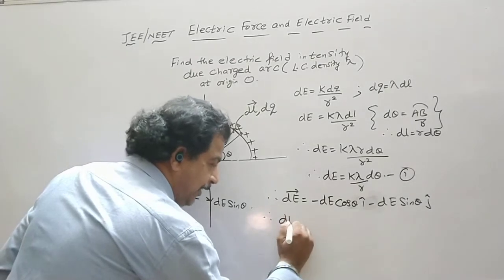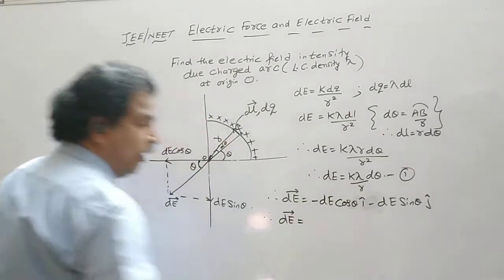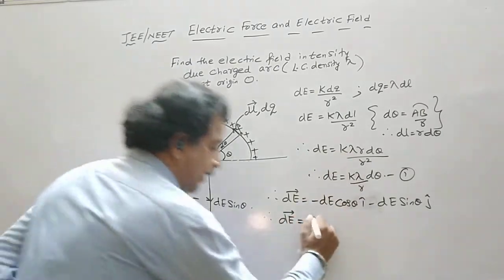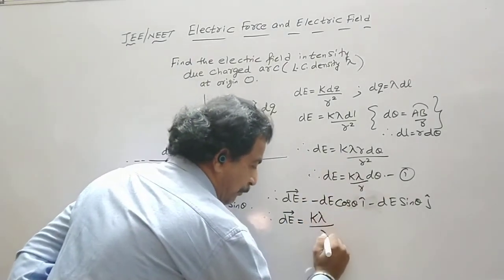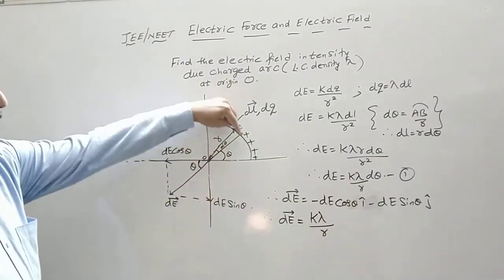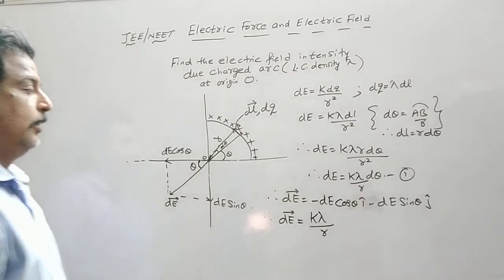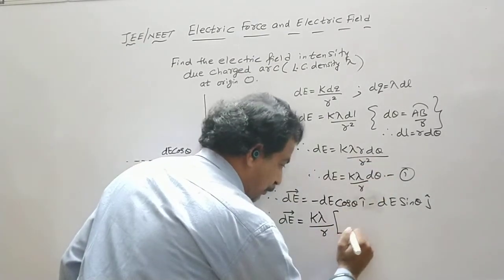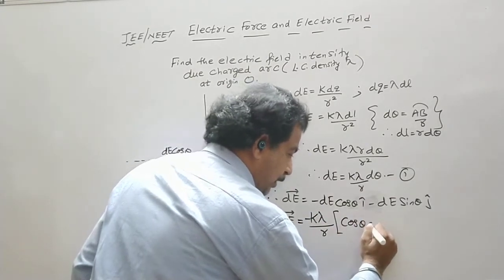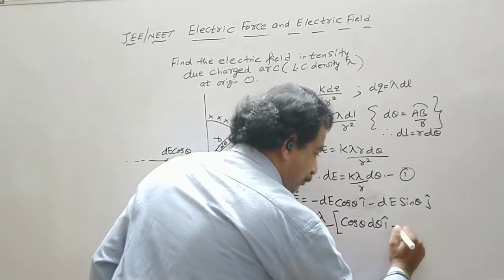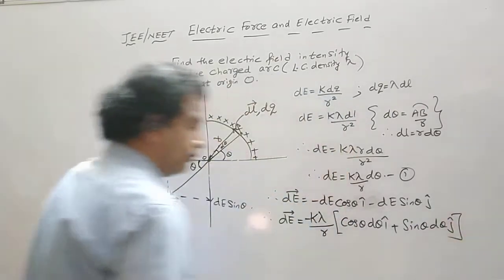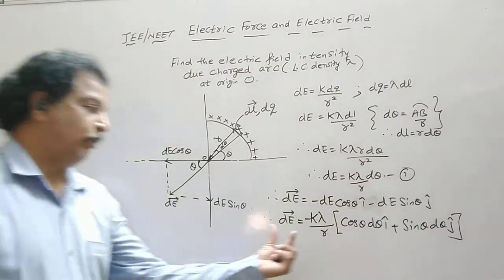Therefore, dE vector is equal to, now we take dE common, the magnitude I can directly write K lambda upon R, which is a constant term. Whatever element you take, R remains constant. Theta is variable, so I write this as minus, taken out, cos theta d theta i plus sin theta d theta j. So this is in vector form.